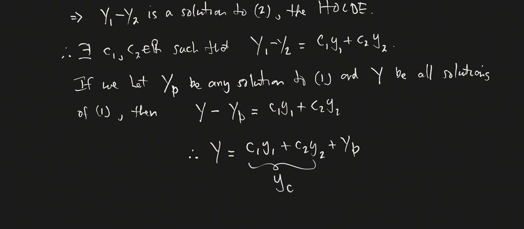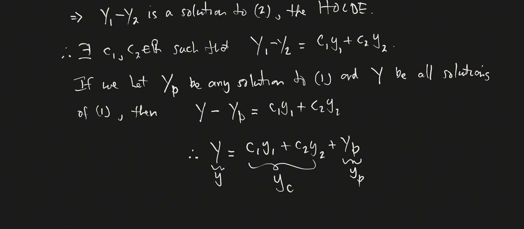And now that we've gotten to the result that we need, I'm going to stop distinguishing between big Y and little y, and I'm just going to call this Y. But this Y now represents the general solution of the non-homogeneous equation, and then I'm just going to call this again y sub p.